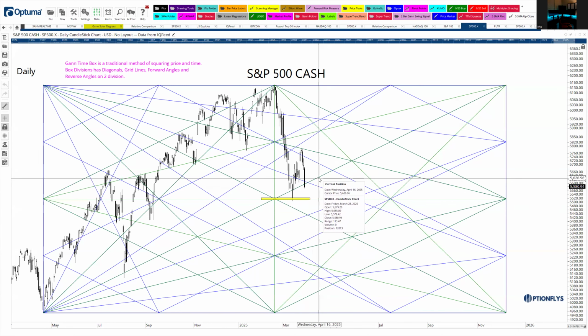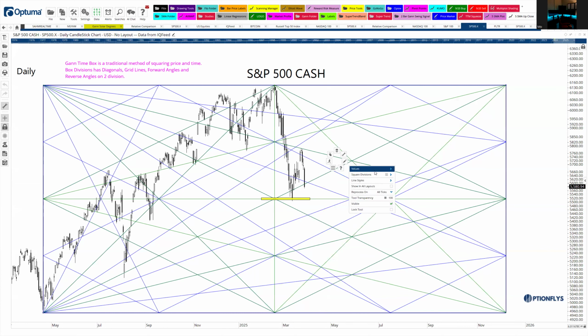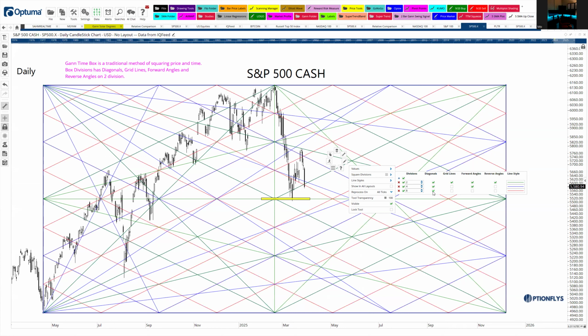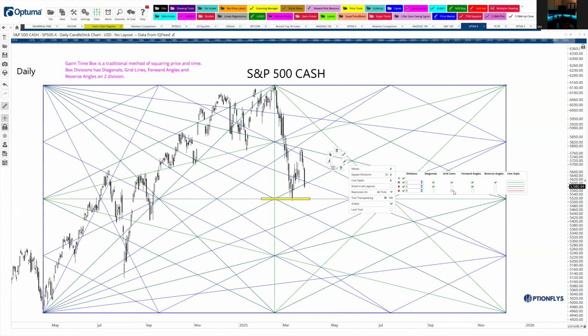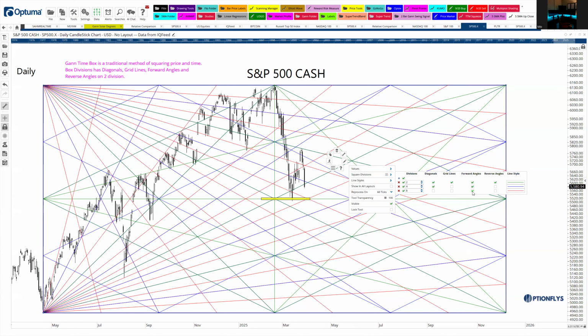You do these forward angles and stuff. I don't want to do 8 diagonals. It's going to make it very messy. These are the boxes, forward angles.